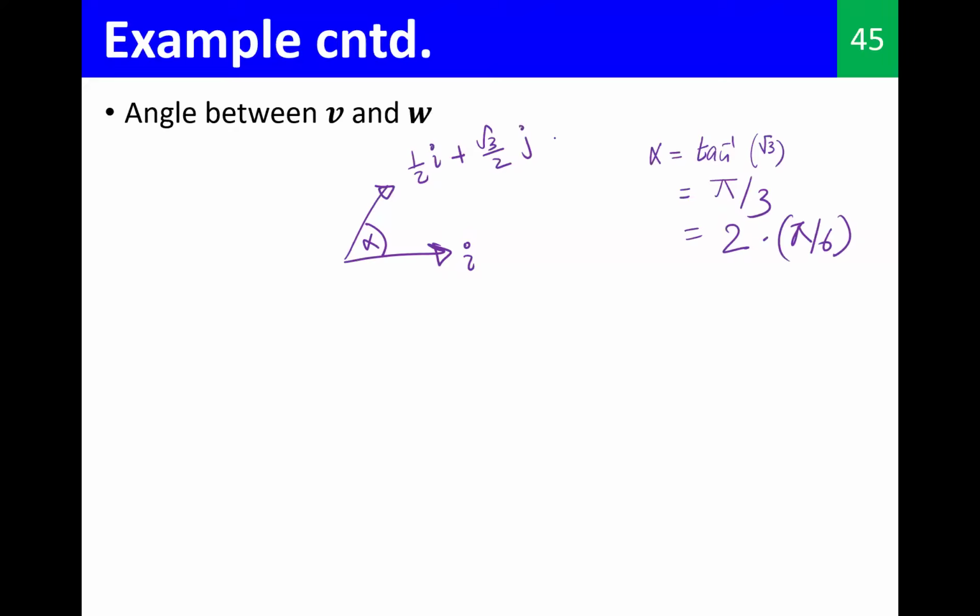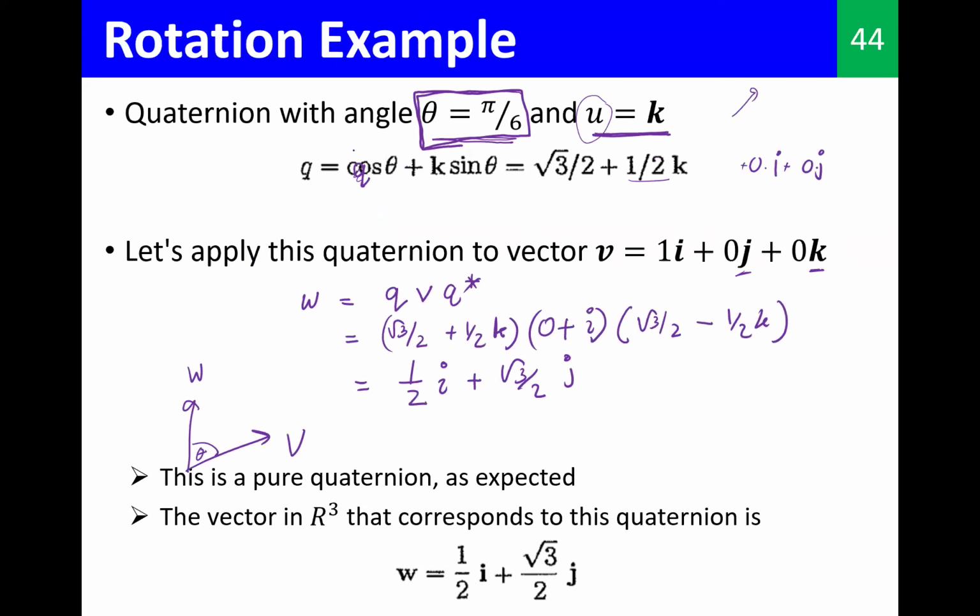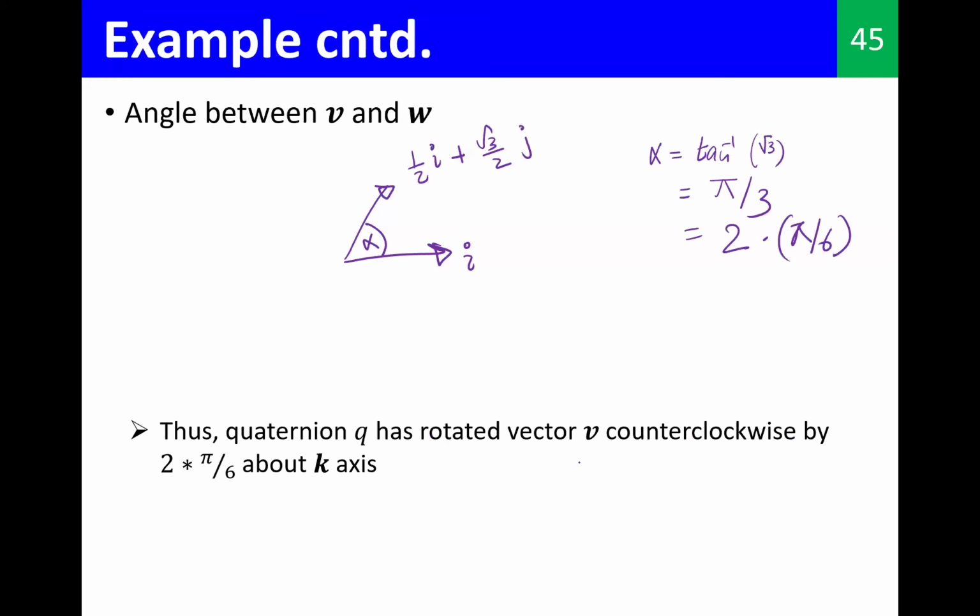Something to remember, right? So quaternion Q, which has this particular representation, actually rotates twice the amount of the inherent angle. So that's something to note.